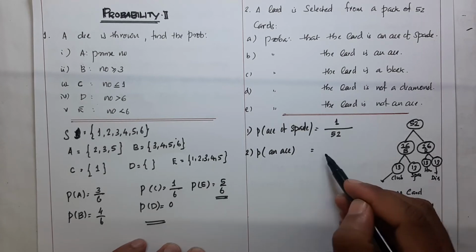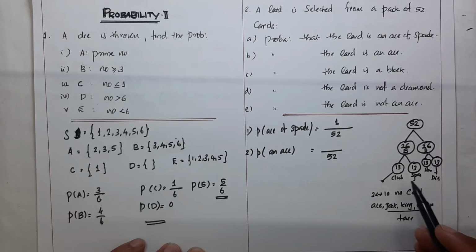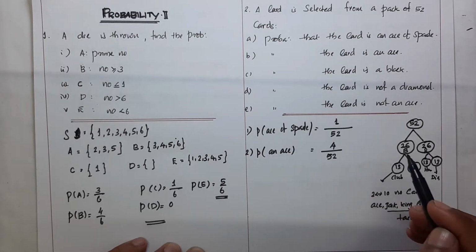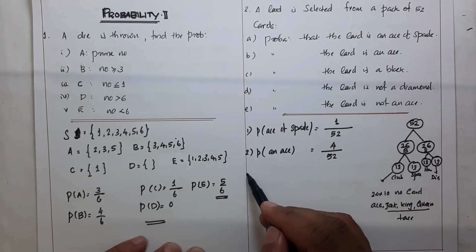Total outcomes is 52, and how many ace cards are there? Club contains one ace, spade one ace, heart and diamond also contain one ace card each. That means totally 4 ace cards, and the probability of an ace card is 4 by 52.